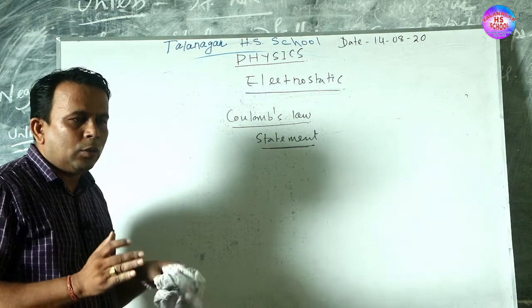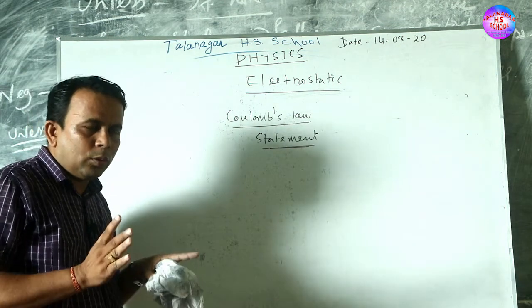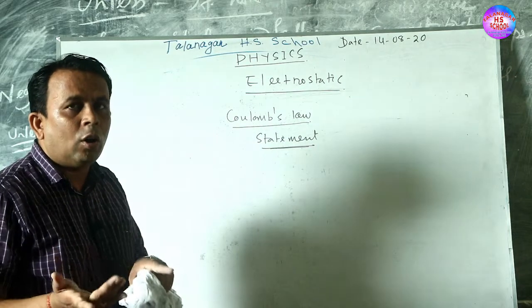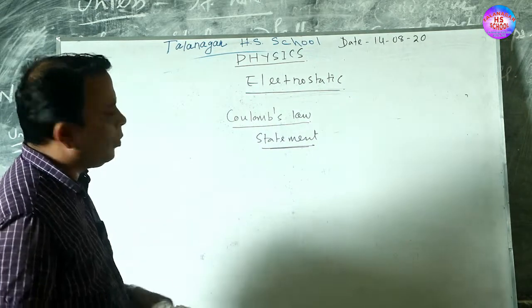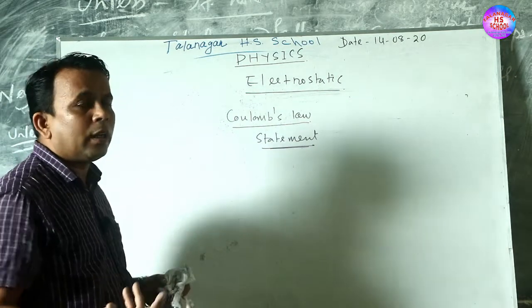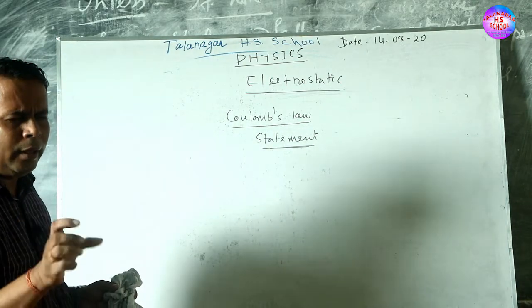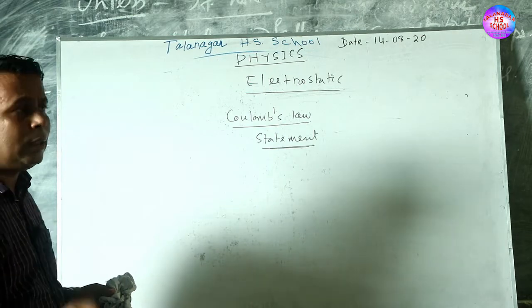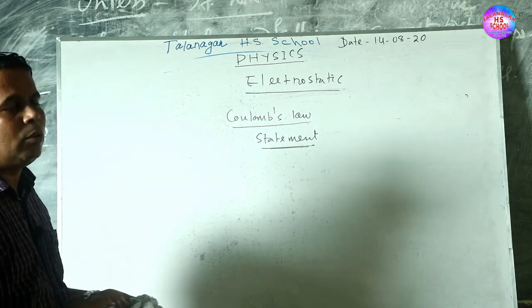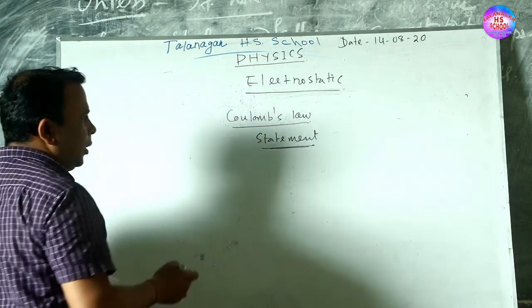That means if there are two charges, there should be a force of attraction or repulsion. According to Coulomb's law, the force of attraction or repulsion between two charges is directly proportional to the product of their charges and inversely proportional to the square of the distance between them.